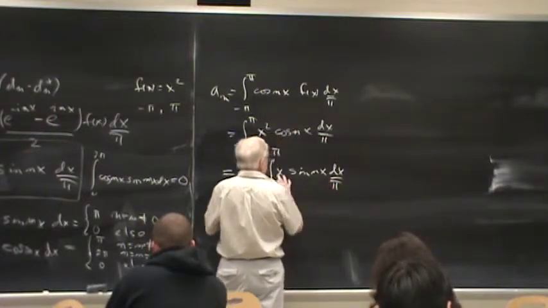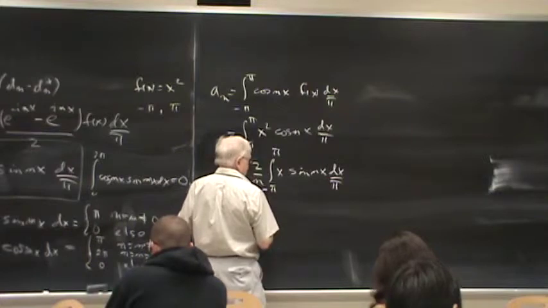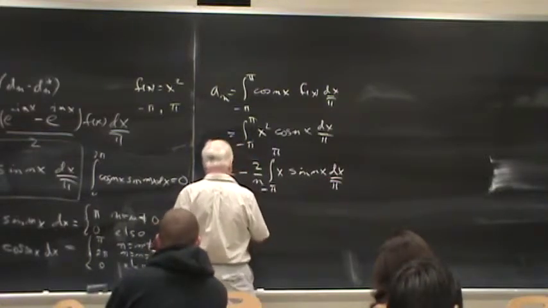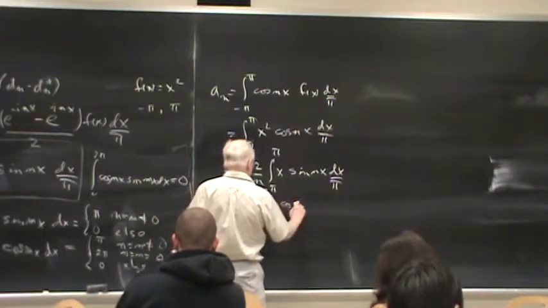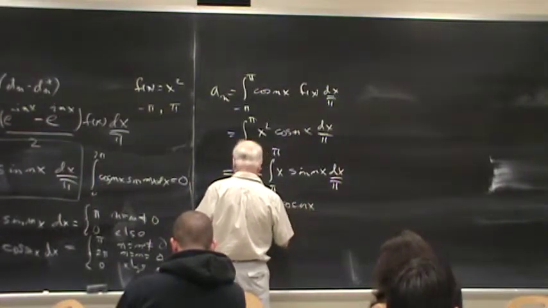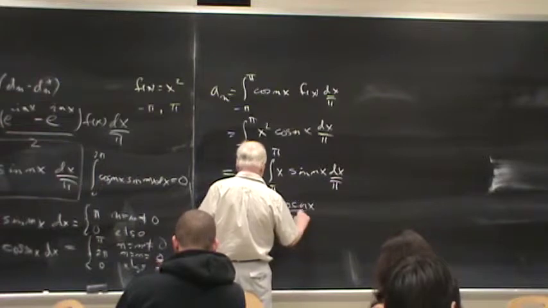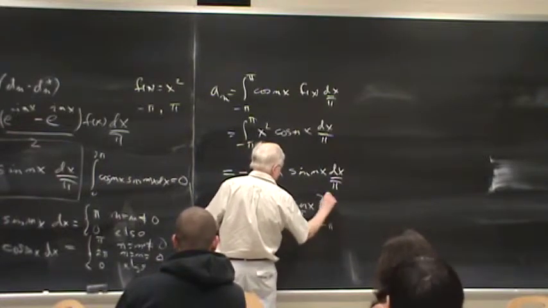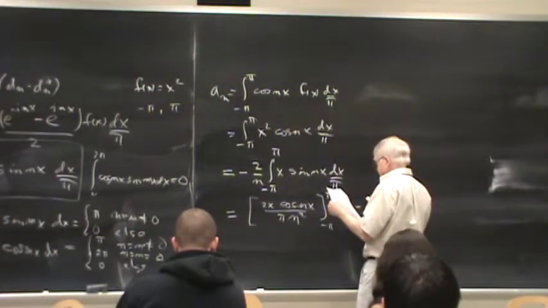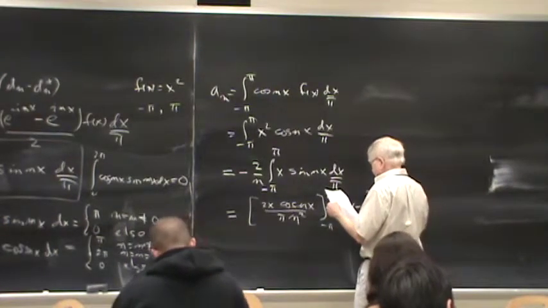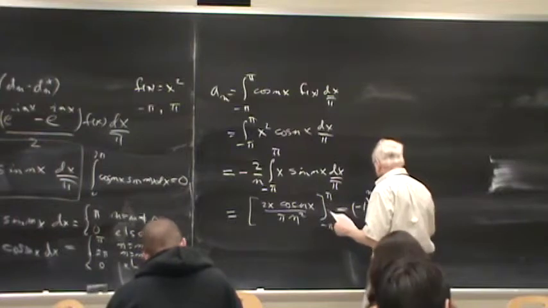The next time when we integrate this by parts, it's the surface terms that survive, and so we have 2x cosine nx over pi n squared evaluated from minus pi to pi, and this gives us minus 1 to the n times 4 over n squared.